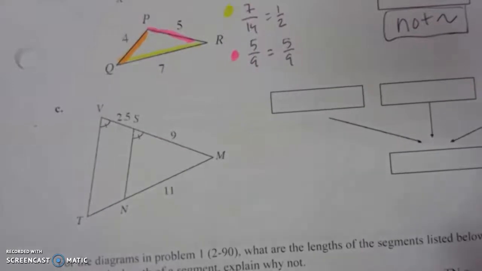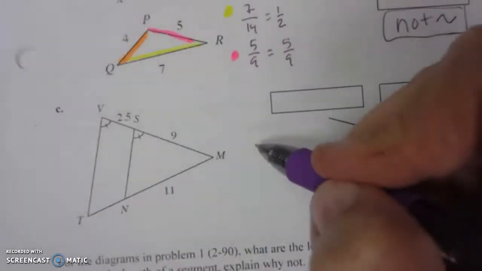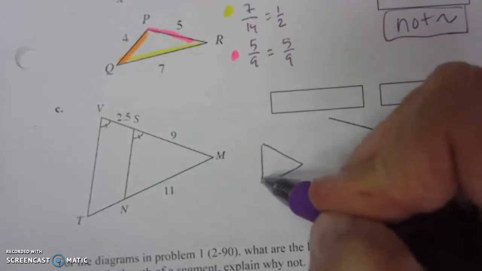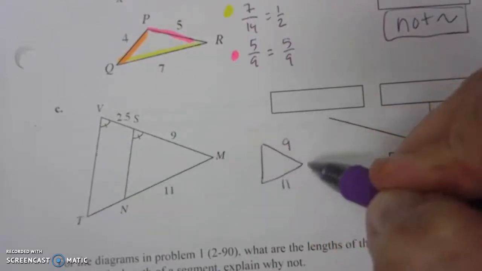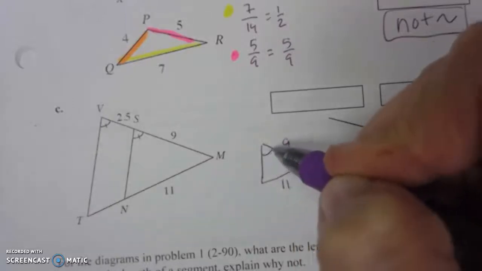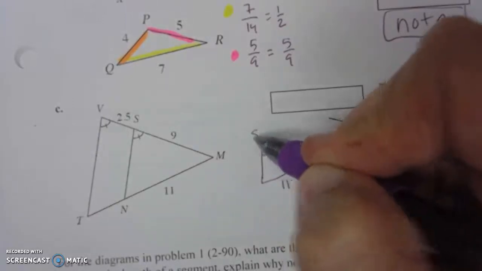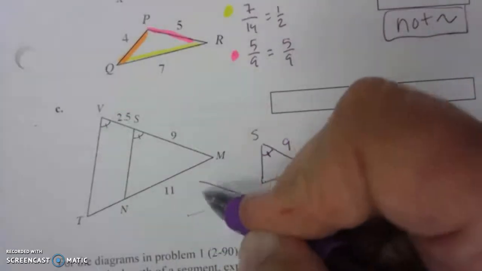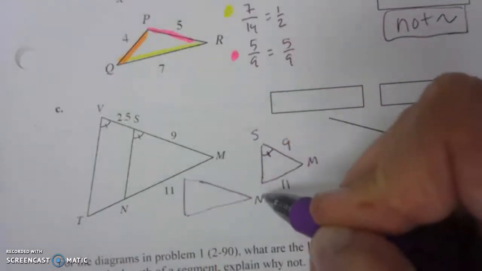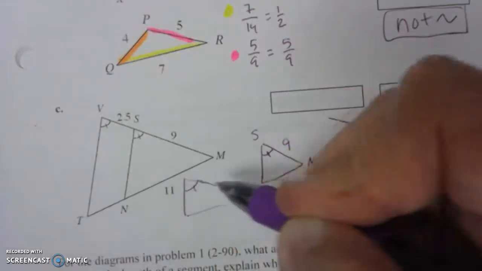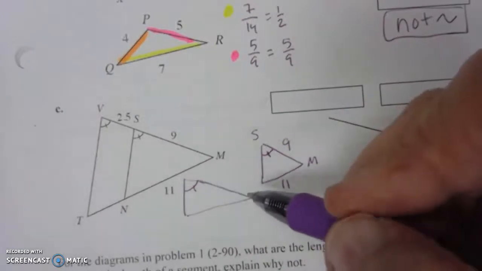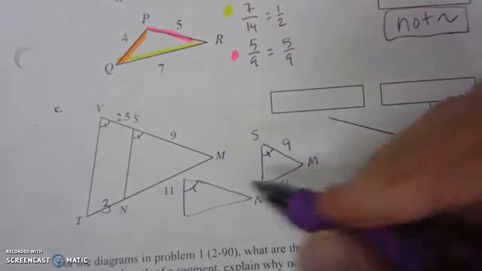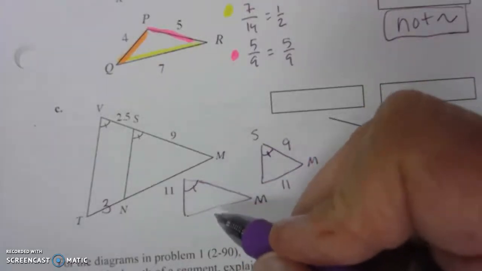Okay, so again, we have two triangles on top of each other, and it's really good to separate those out. So this is 9, this is 11, this is M, and I have this angle right here, S. That's my small triangle. And my large triangle, this is M, this is given to me, and I believe this is supposed to say 3 right here, so I wrote it in there for us.